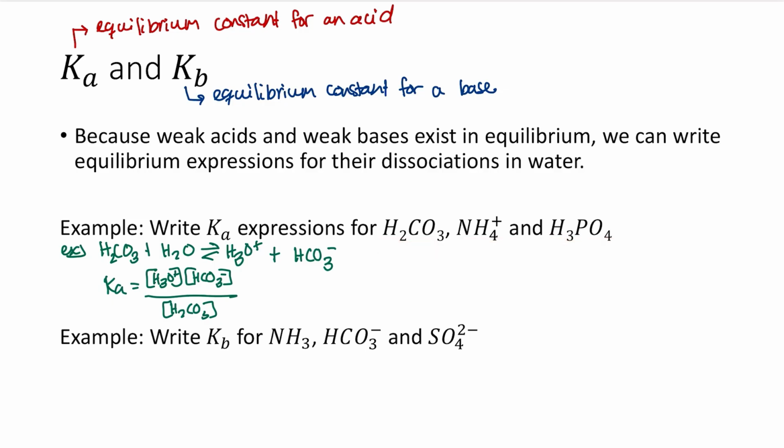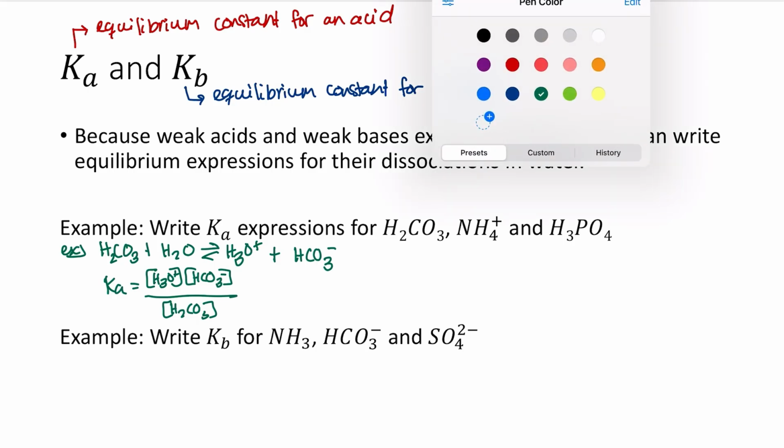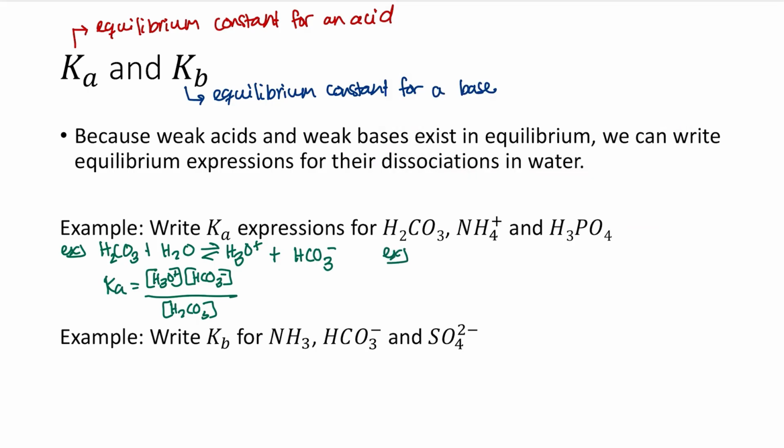Whenever you have an acid dissociating in water, your products are always going to be hydronium ion and the conjugate base. When you're visualizing what the conjugate base is going to be, just imagine the number of protons decreasing by one. So I can write the Ka, the equilibrium expression for ammonium without even writing the overall balanced chemical equation.